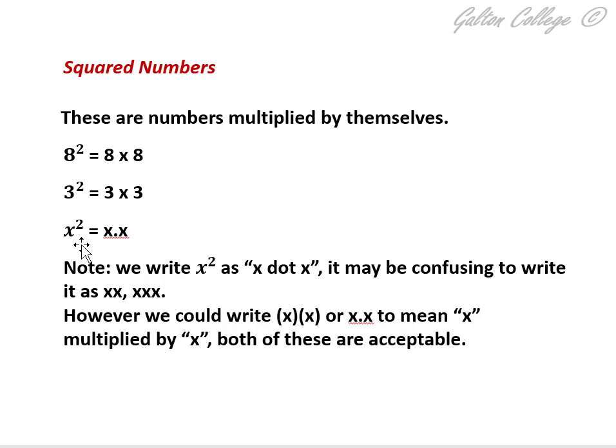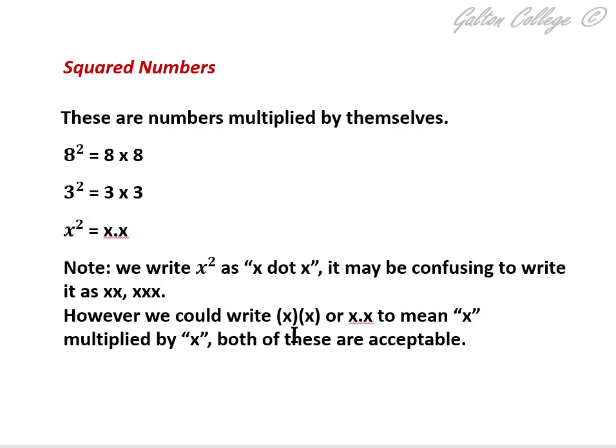Sometimes you do see xx, and sometimes you'll see x in a bracket and the other x in a bracket, and the brackets are just touching, and that also means multiply. So just be careful. x squared is x times x, but sometimes it's written slightly differently.